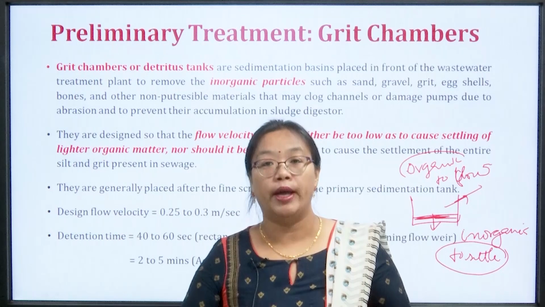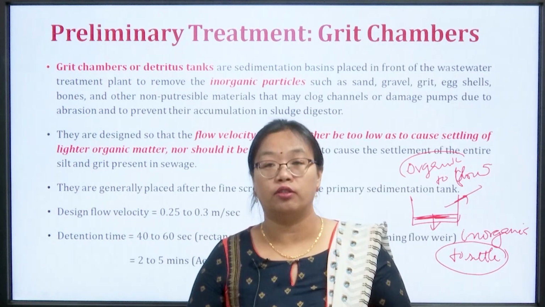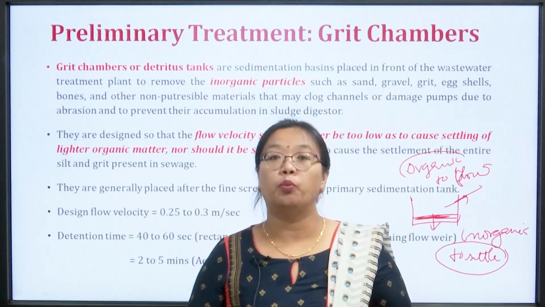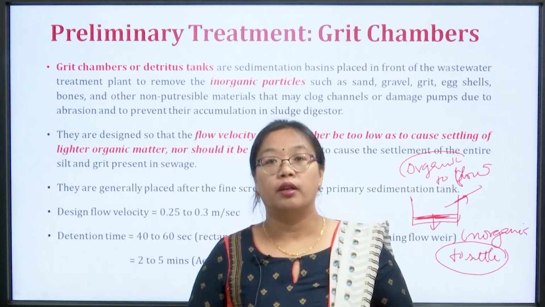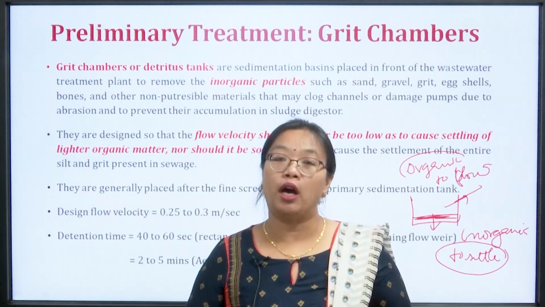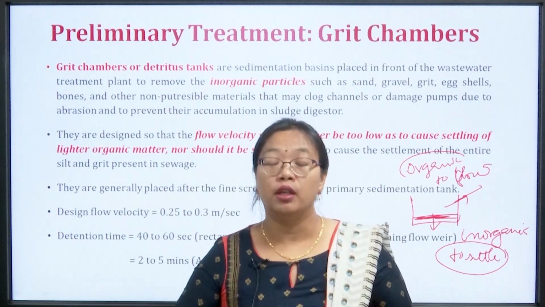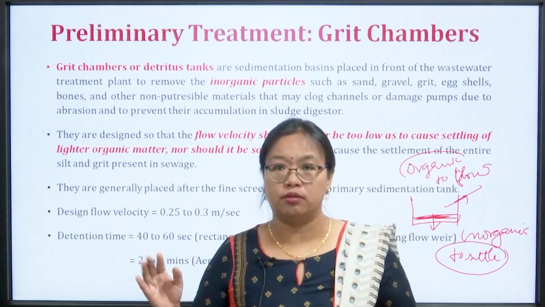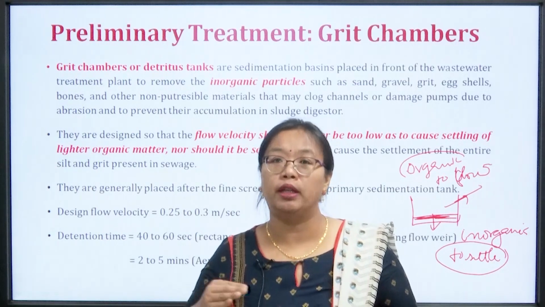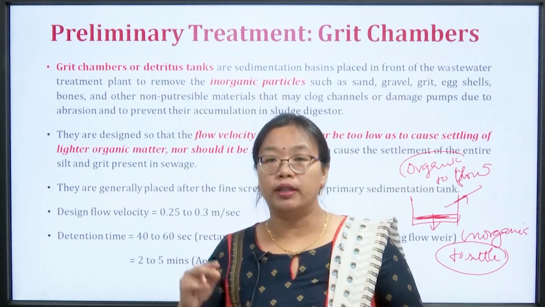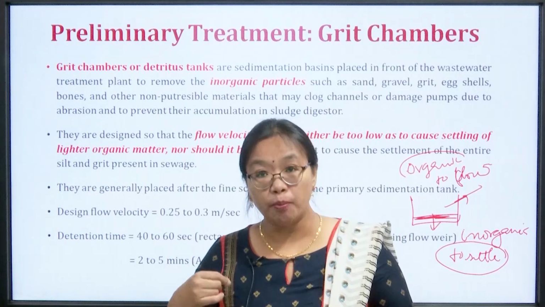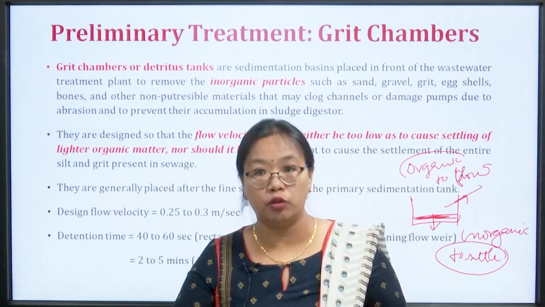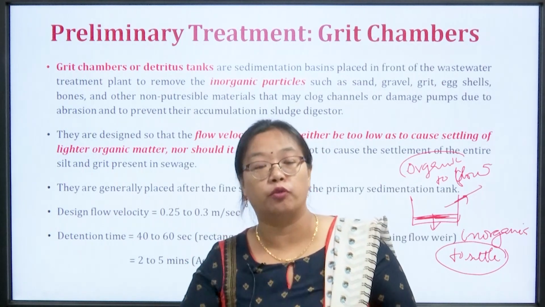Inorganic material like soil, rocks and silt have a specific density of around 2.65, whereas the organic matter has a specific density of maybe 1 plus, a little more than water, but lesser than this. So, that is the principle behind it. You want the heavier material to settle down, but you want the lighter organic matter to flow off.